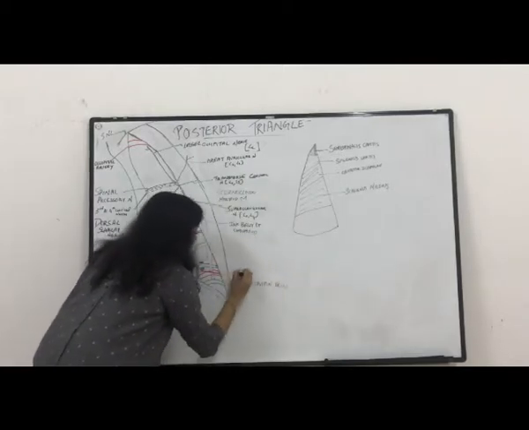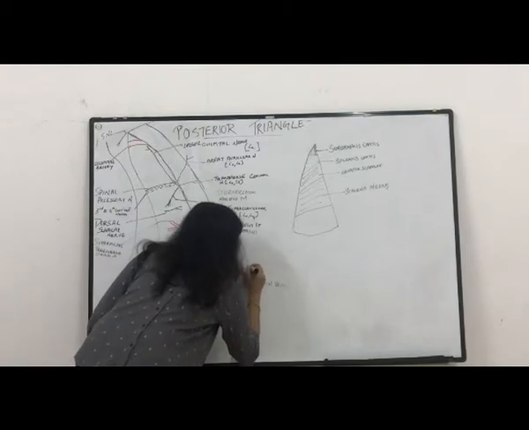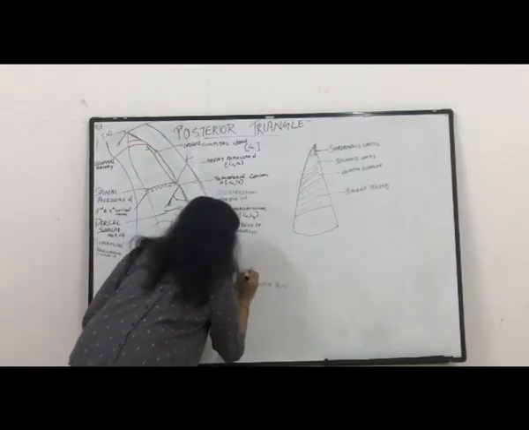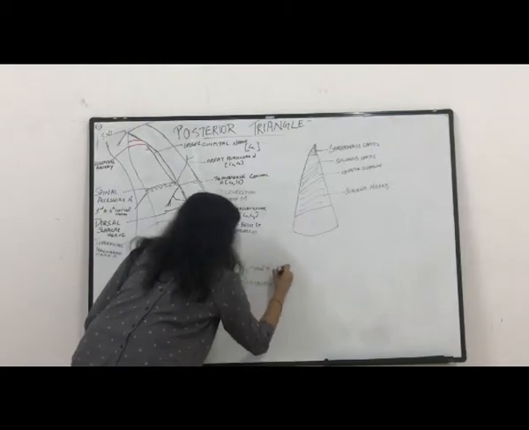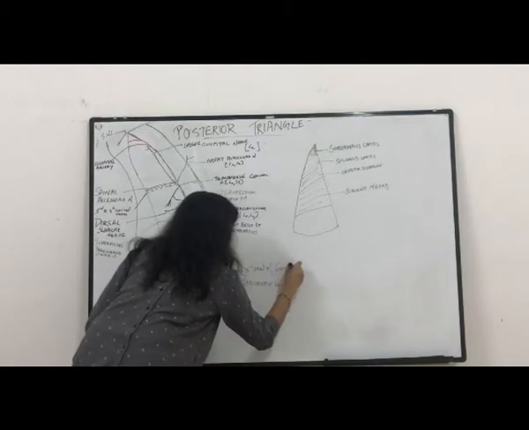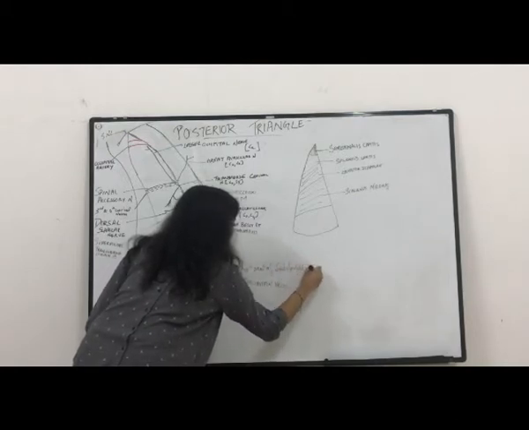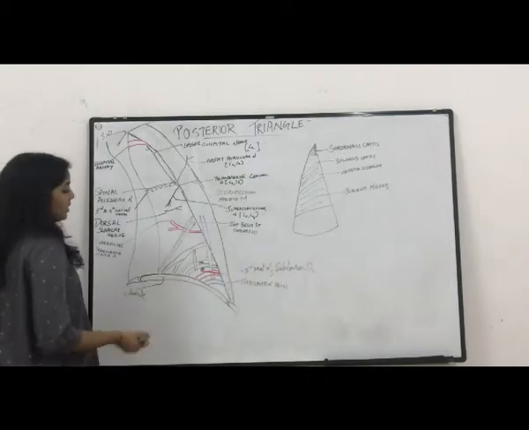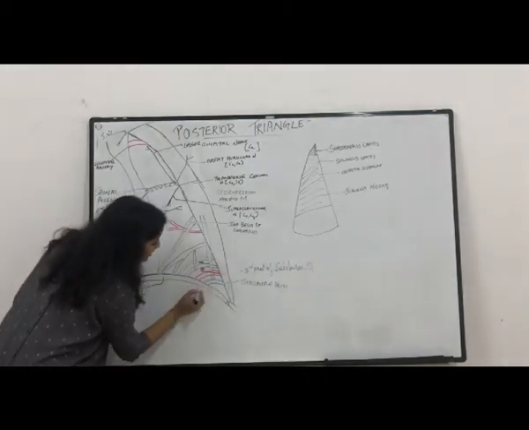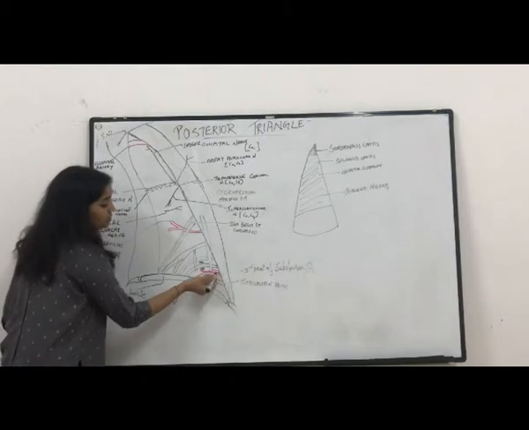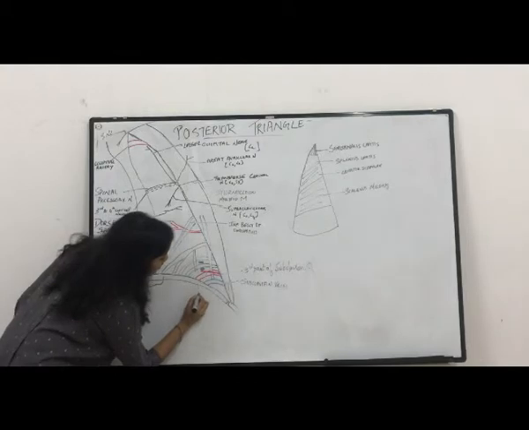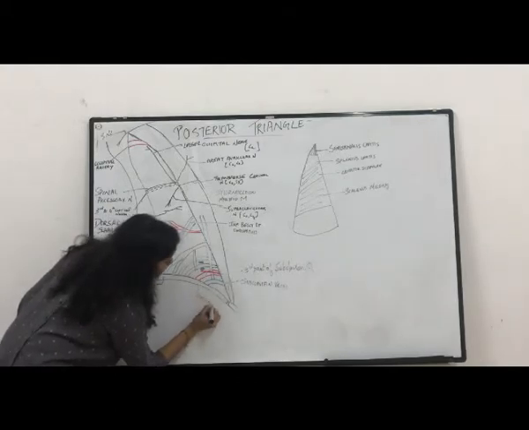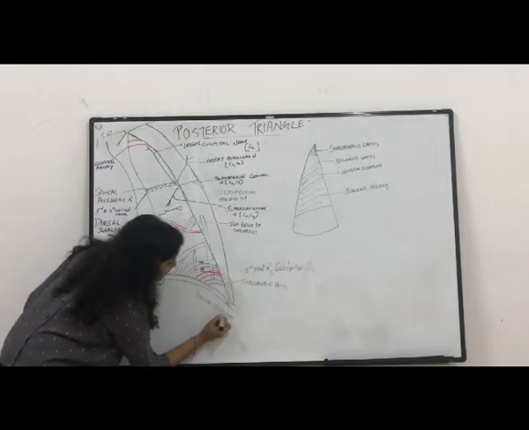Next is the third part of the subclavian artery, and this one which passes transversely to the third part of the subclavian artery is the dorsal scapular artery.